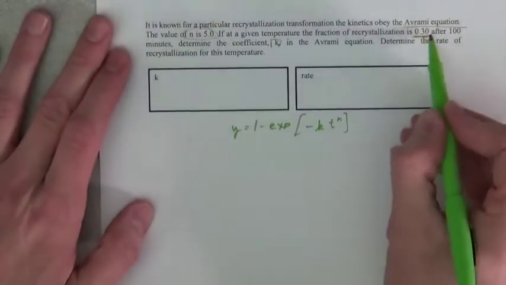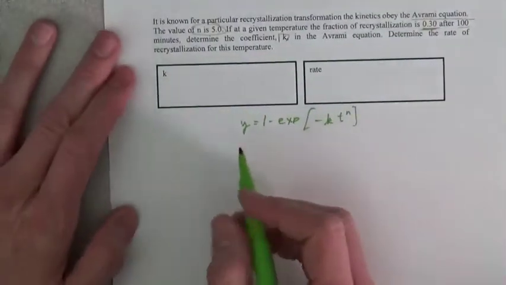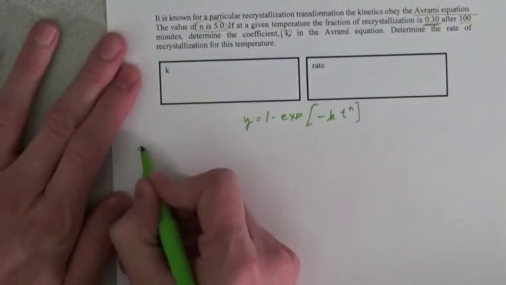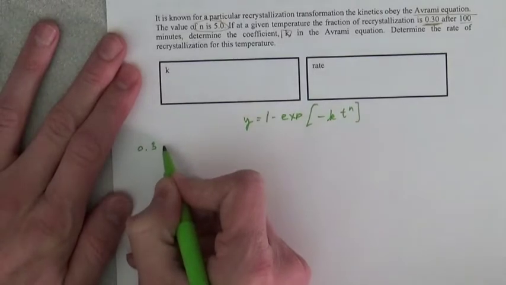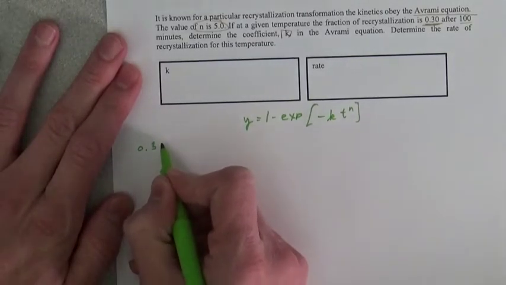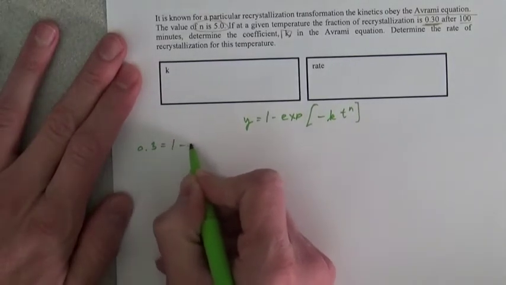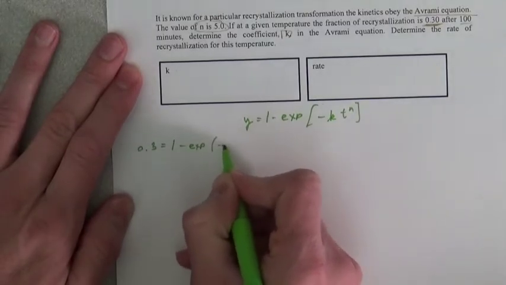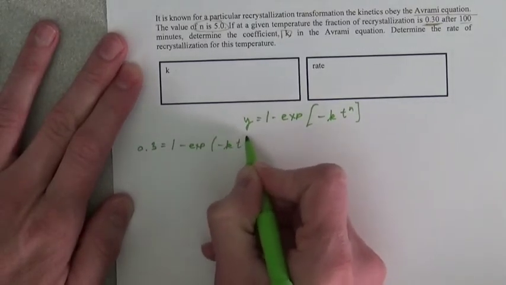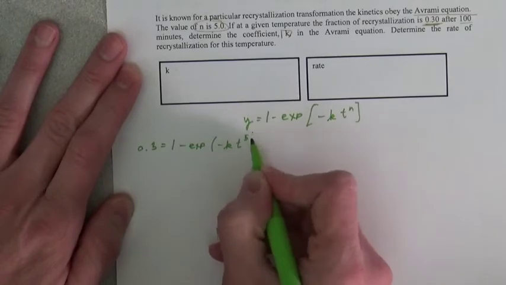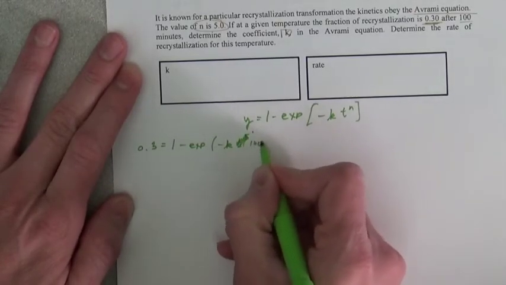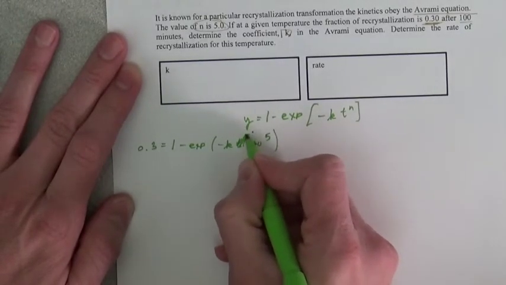Using our data point, 0.3 at 100 minutes, we get 0.3 equals 1 minus exp negative k times 100 to the 5.